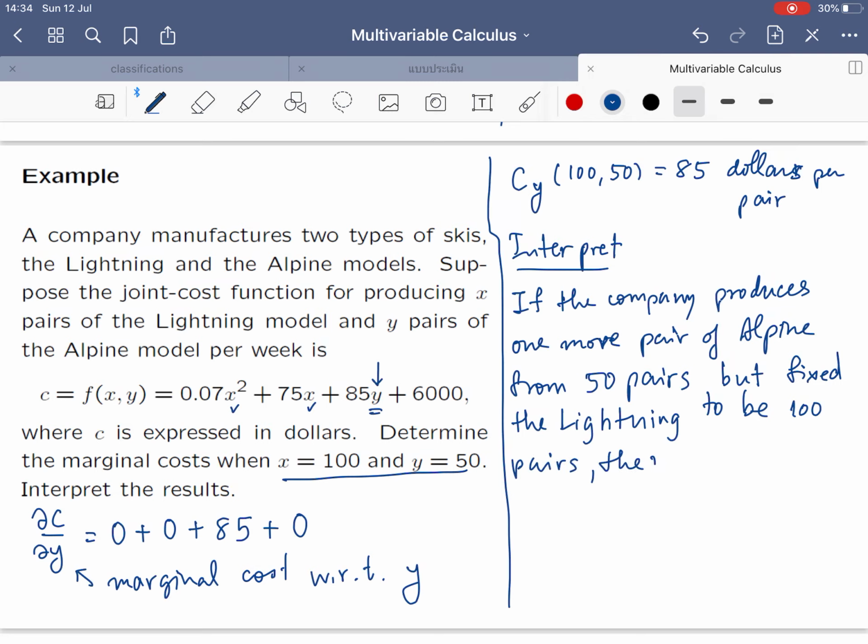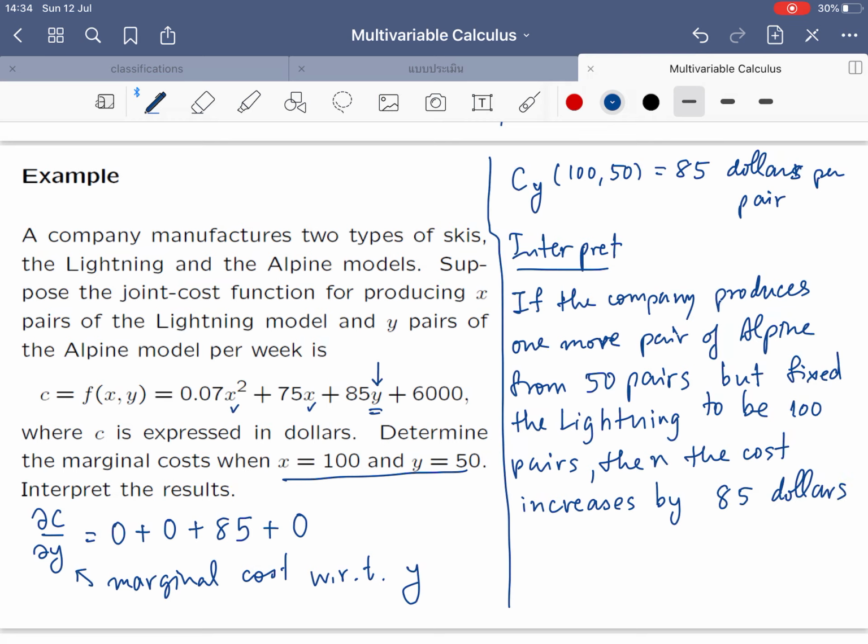Then the cost of producing these two things will be increasing by $85.